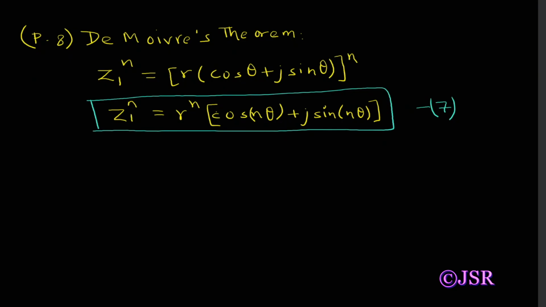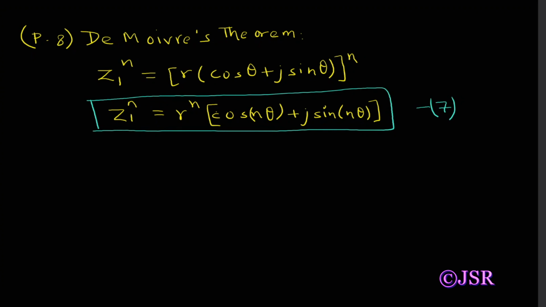So property number 8, P8, de Moivre's theorem, according to which z1 to the power n equal to, in bracket, r bracket open cos theta plus j sin theta bracket close to the power n, equal to r to the power n cos in bracket n theta plus j sin in bracket n theta.